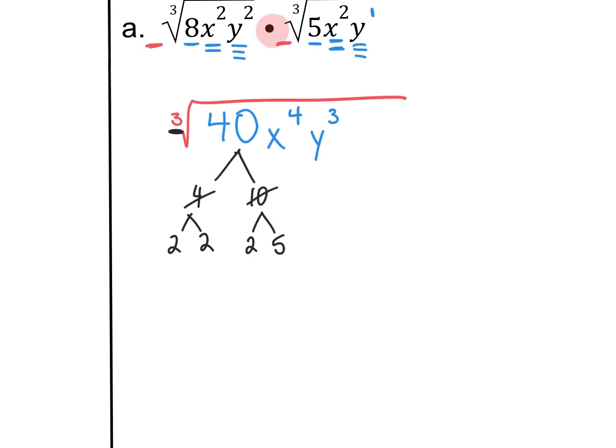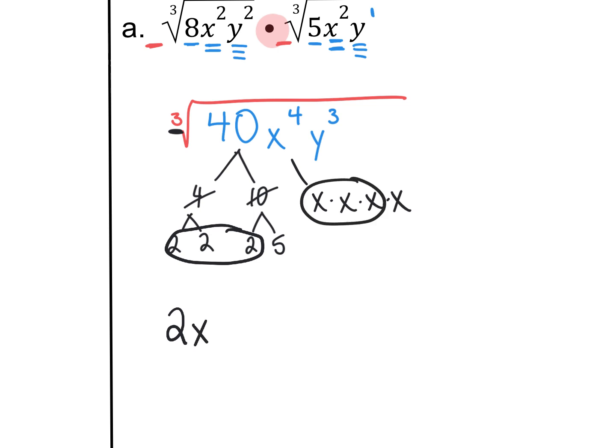Okay. So if I look, got a group of 2, perfect. That's breaking out. Okay. We have 4 x's, again looking for groups of 3, so that's one group of x to the first, that's breaking out. We have 3 y's, one group of y, that's breaking out, okay?